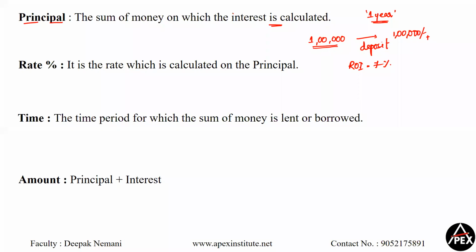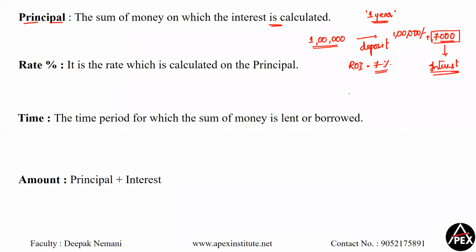Perfect. I will be getting an interest of 7,000, isn't it? So this 7,000 is called interest. And this 7% is called rate of interest.